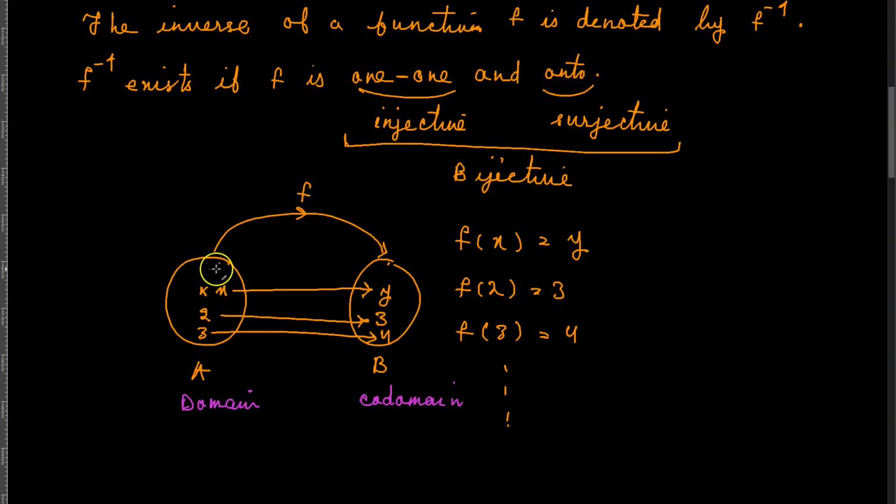We said that if the image of every distinct element in the domain of the function is distinct, meaning that every element of the codomain is the image of only one of the elements of the domain, then you can say that the function is 1-1.